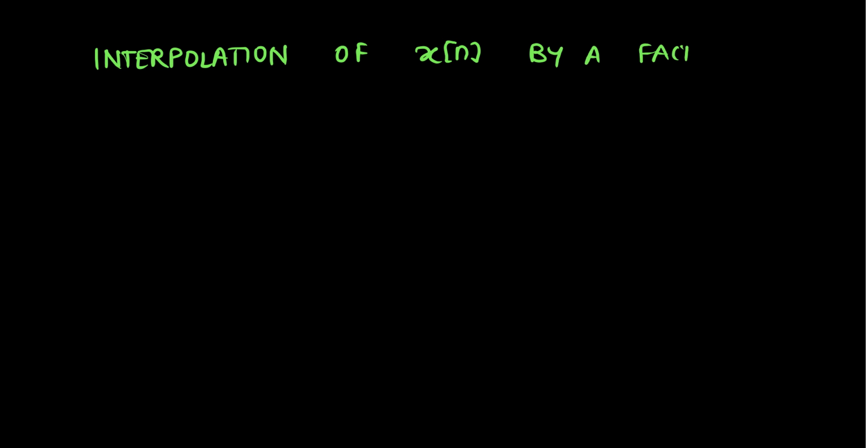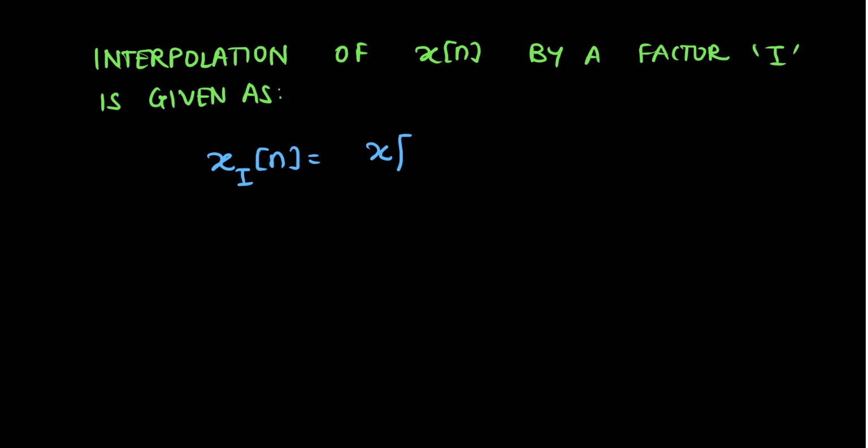For a discrete time signal x of n, interpolation of x of n by a factor of, say, I is given as xi of n, which is equal to x of n by I.